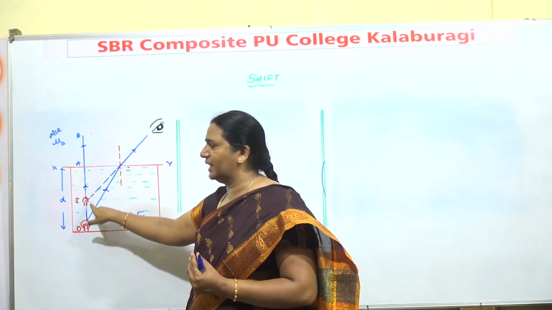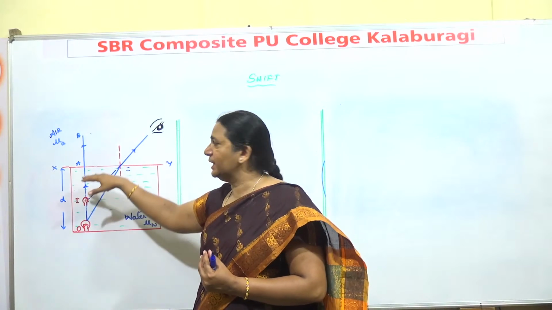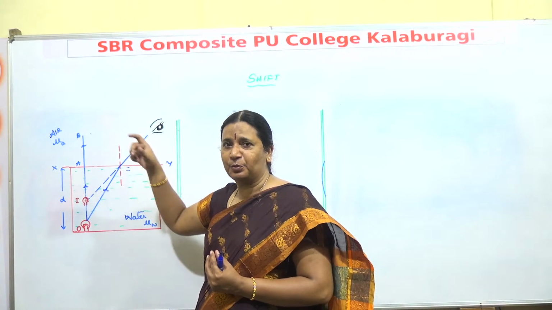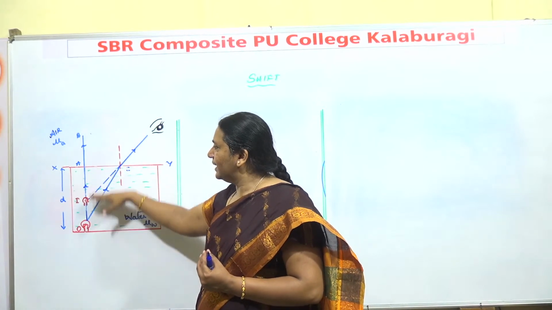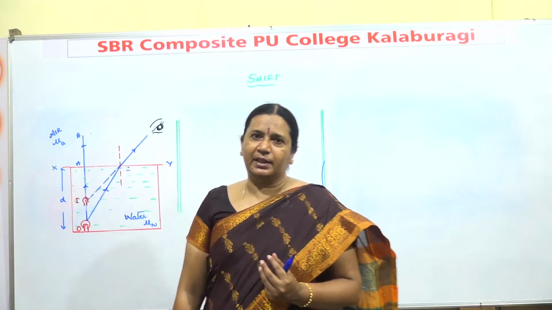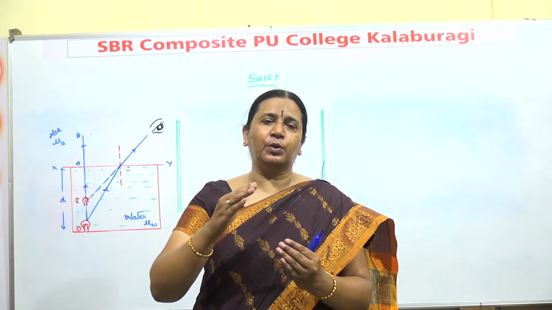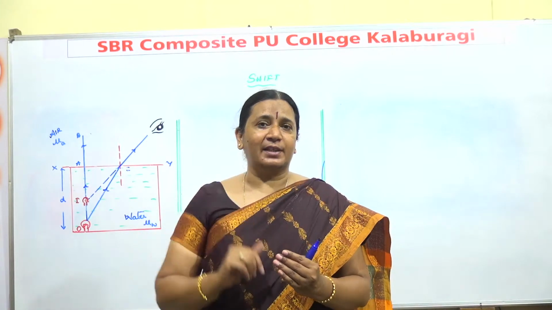How much shift takes place depends on the depth of the object from the interface, the water surface. Accordingly, your angle of visualization should be there. Starting, you are not seeing, but as you go on pouring the water, at a certain level you visualize.